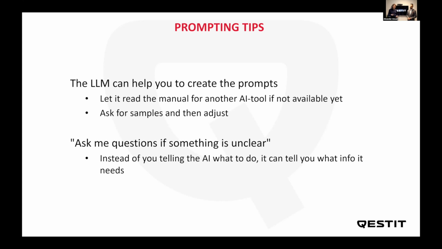Another way is that you give information about other AI tools to, for example, ChatGPT. So it will learn another AI tool, and then ChatGPT can write the new prompts for you. And this is actually integrated in the new paid version of ChatGPT.